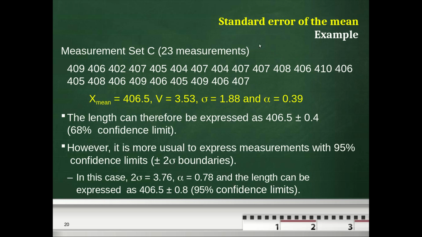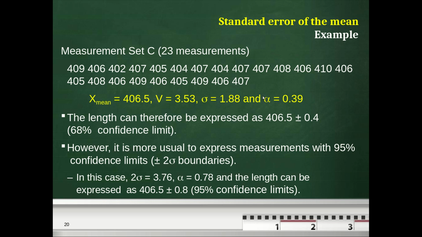Now the measurement x mean, so the standard error of the mean, we have it here as alpha equal to sigma over the square root of n. So here I have the mean plus or minus the error in this mean.